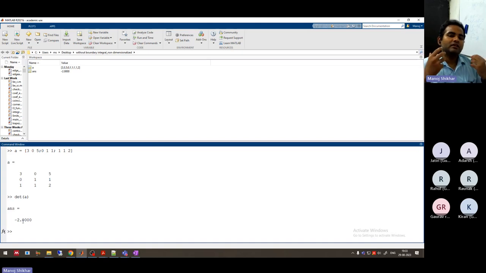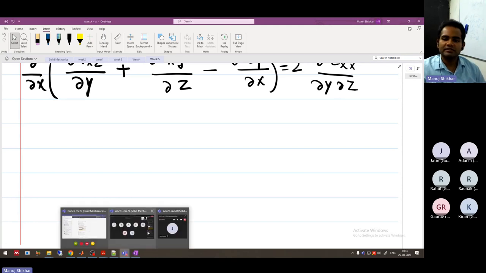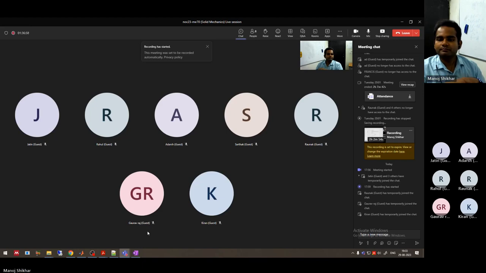So I knew that if the determinant is not greater than 0, then this is not a possible displacement field. Those kinds of insights, coding helps you to get very easily and repetitively. If any one of you has any doubt, you can ask me. Otherwise, I will move on to solving the new problem, the last problem probably.